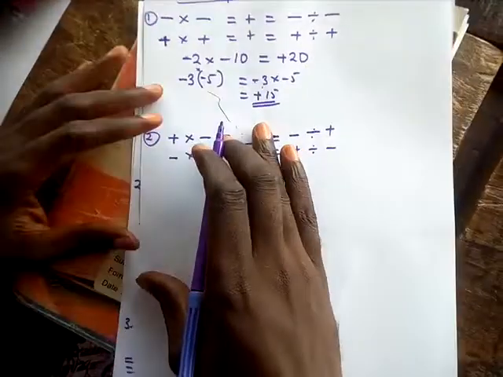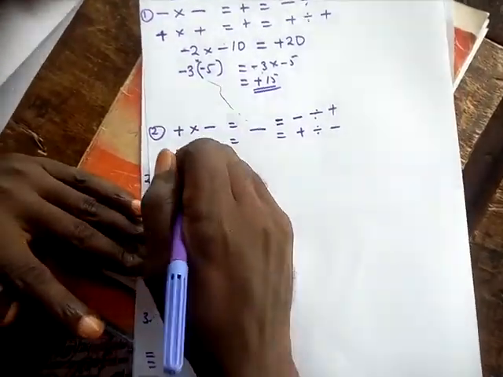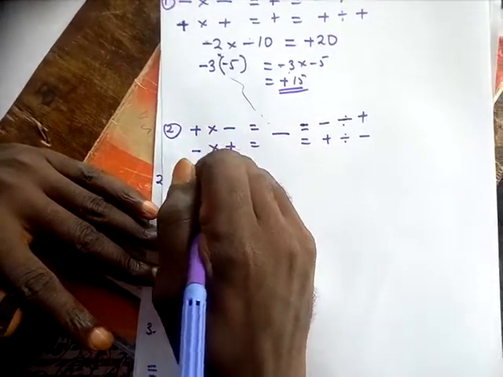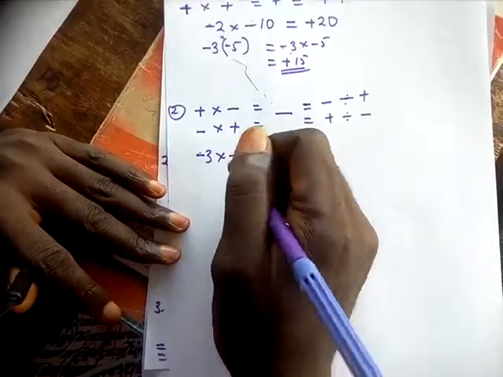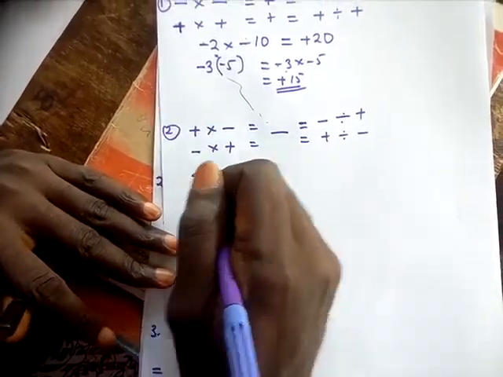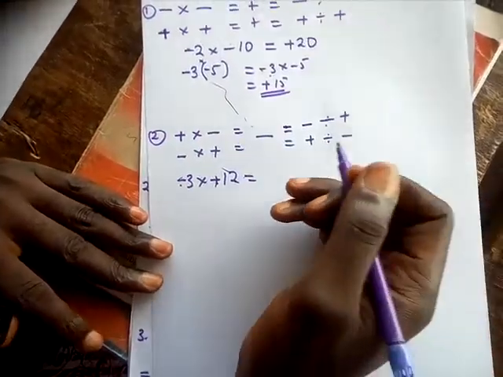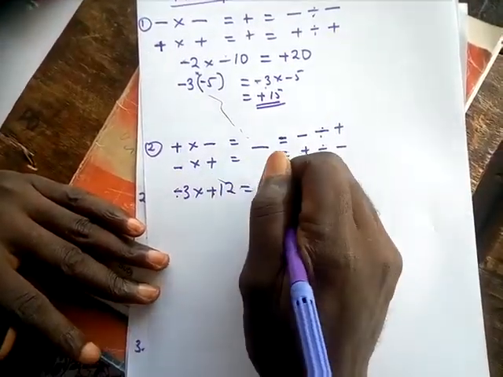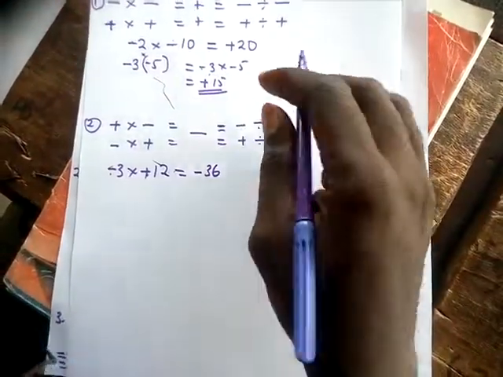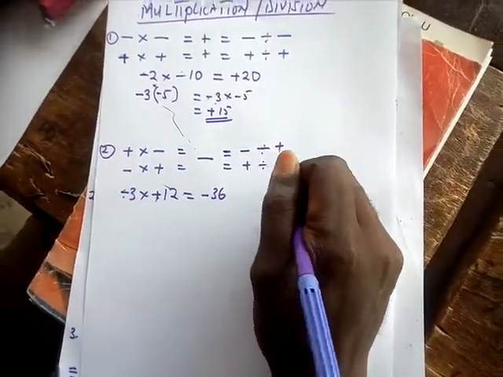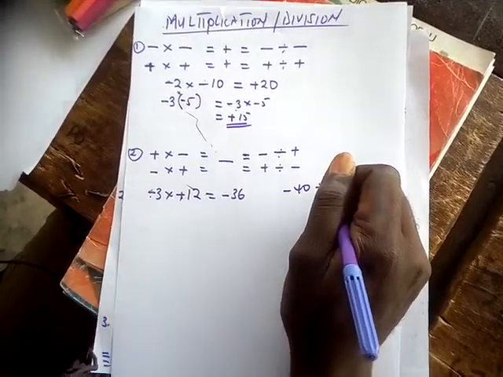So it doesn't matter the magnitude of the number, just the sign is what matters. Minus 3 times plus 12, actually, sorry. This is a negative and a positive. If they are multiplying, you have a negative 36. Understand it that way. Here, minus 40 divided by 5.